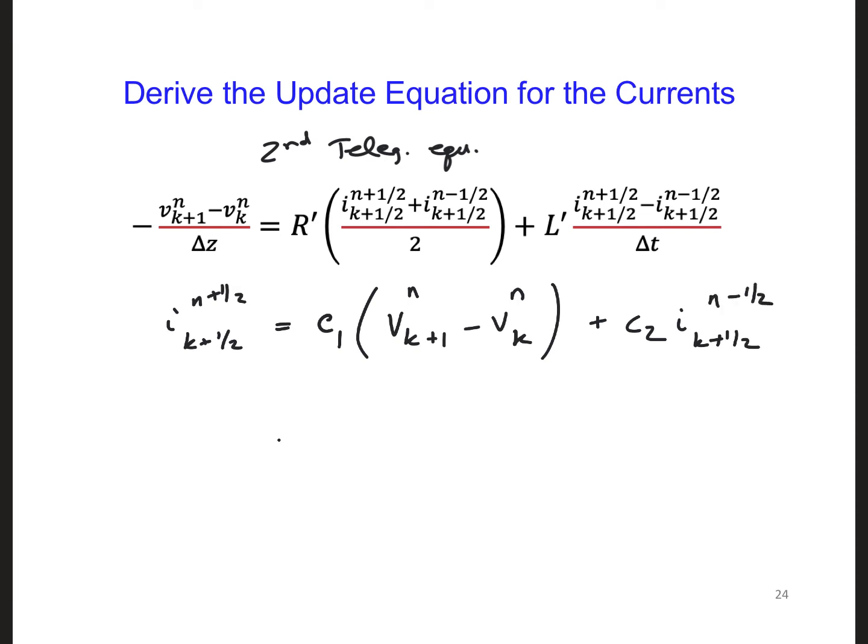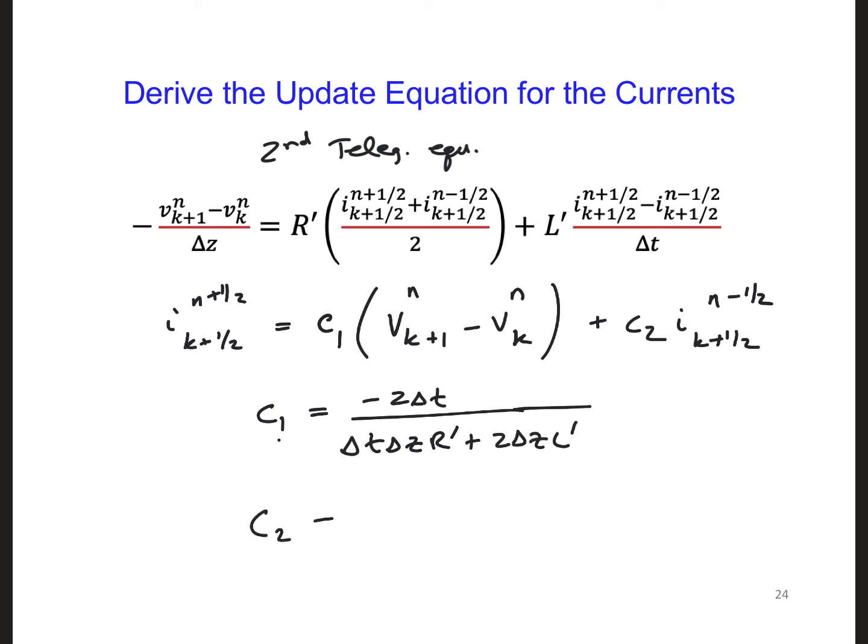So this is the form of the update equation that we would get. And C1 is equal to minus 2 delta t over delta z r prime. This is just from rearranging all these terms. And the second coefficient is 2 L prime minus delta t r prime.